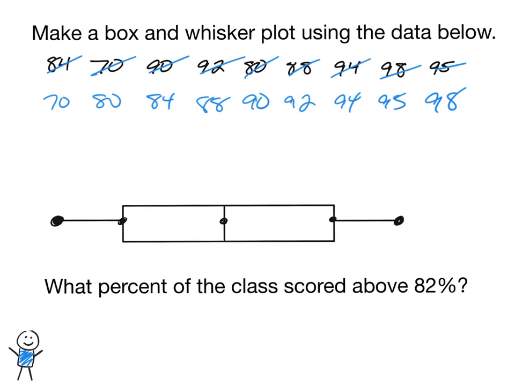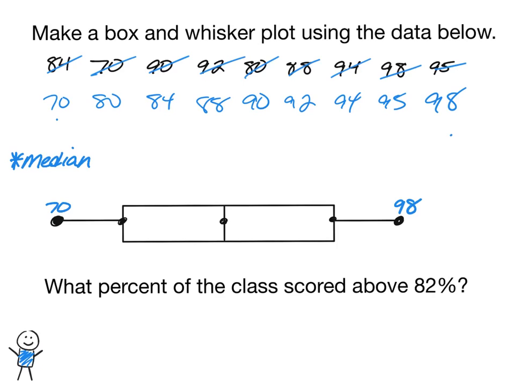Now that I've rearranged it, I'm going to go ahead and put in my minimum value, which was a 70, and my maximum value, which is a 98. Two parts of my box and whisker plot are already finished. The magic operation that we'll need to do here to find the quartiles is median. Recall that to find the median, you find the number in the middle of the data.